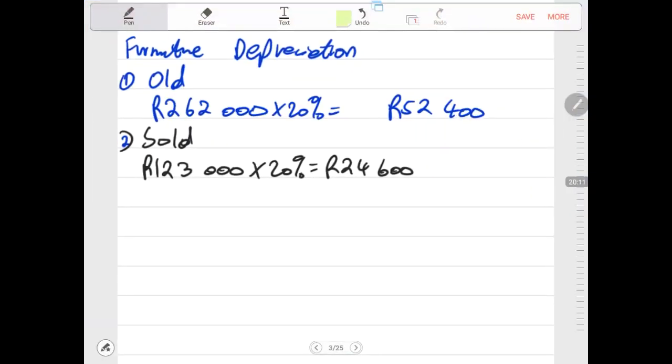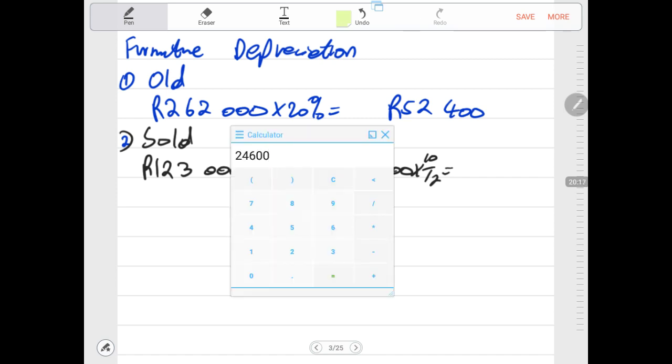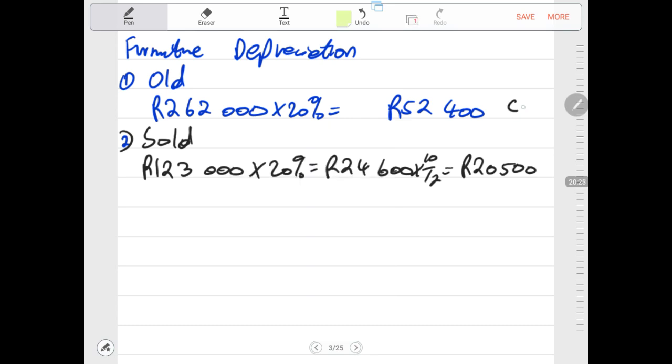So it must have been here for 10 months, 10 over 12. Then this will give us depreciation only for 10 months, times 10 over 12. That means the depreciation for the current year on furniture will be 20,500. I want to highlight this is current year, just to say CY.